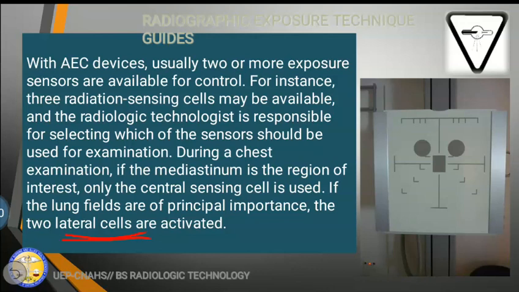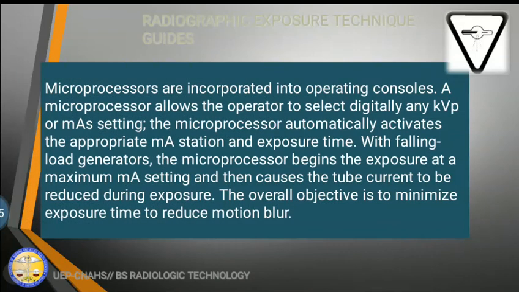Kailangan may presence of mind ka when you are using the AEC or the phototimer. Kasi gusto mo niyang i-filter yung radiation, pero kung mali yung na-input mo doon sa console, mali yung lalabas na image. Ganon siya ka-sensitive.